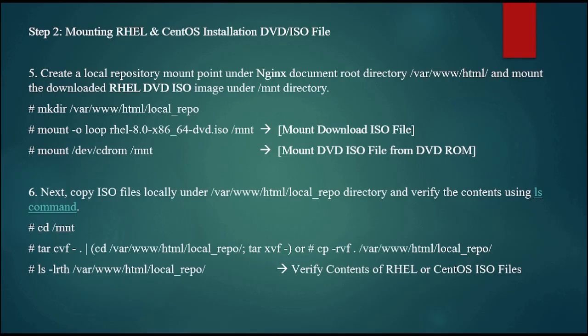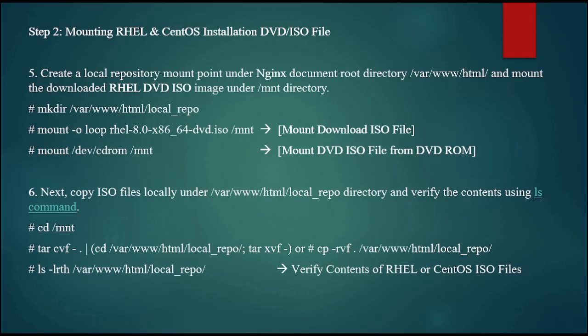To create that local repo, we have to copy our ISO file contents to our local directory under /var/www/html/local_repo. So we go to /mnt with the cd command, and once inside /mnt, we run cp -rvf ./ with our destination directory /var/www/html/local_repo.